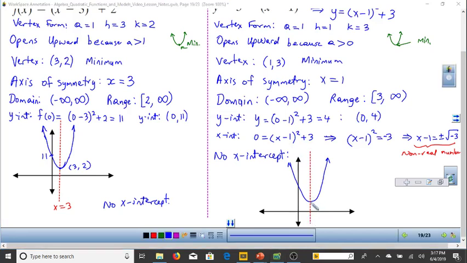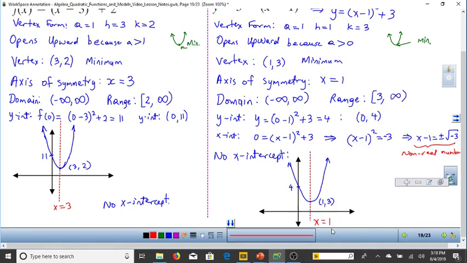And of course, my vertex here is (1, 3). My y-intercept is at 4. And my axis of symmetry is x is equal to 1. And there we have that.